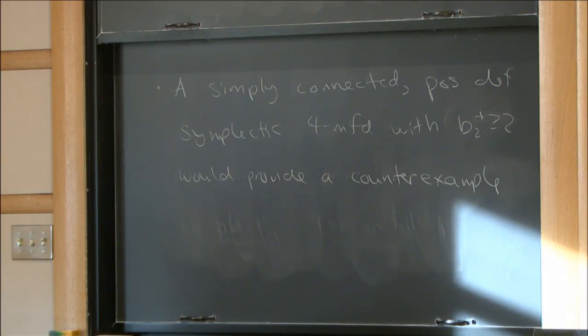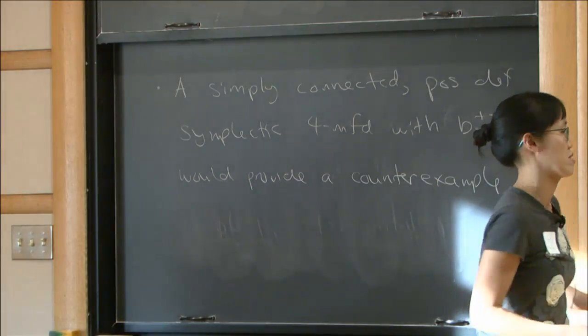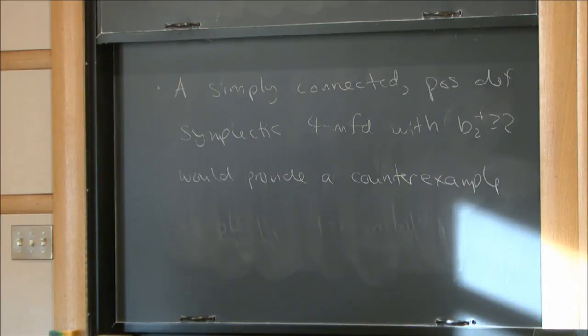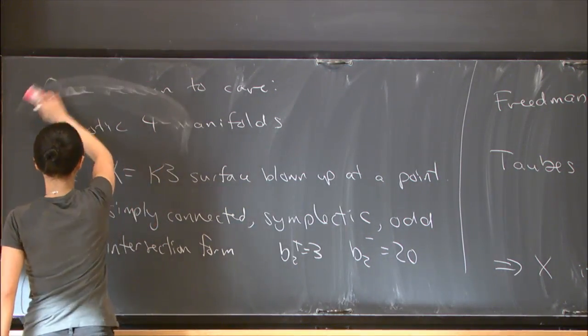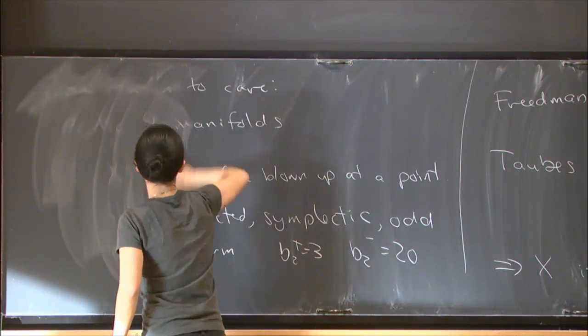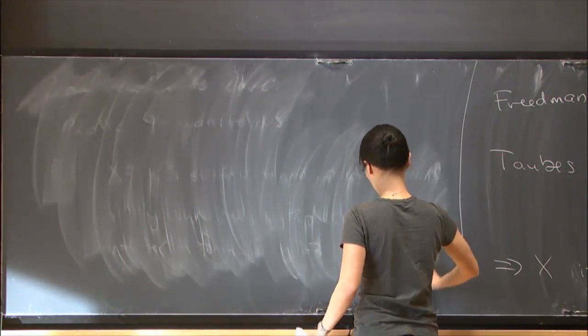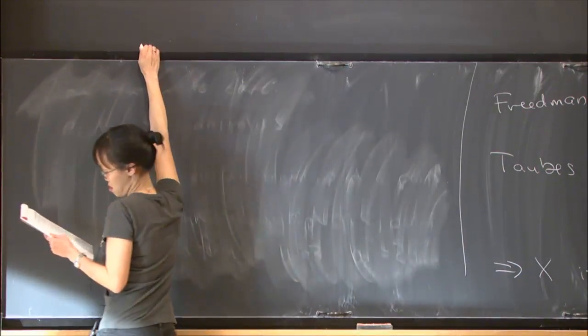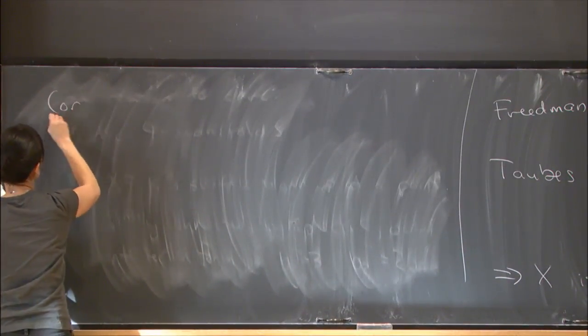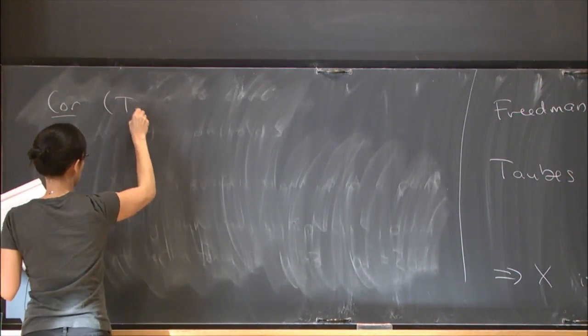In the theorem we need B2 plus to be at least 2, but even so we can still use that result to say something about four-manifolds with B2 plus equal to 1. Let me tell you about the following corollary, which was pointed out to us by T.J. Lee.